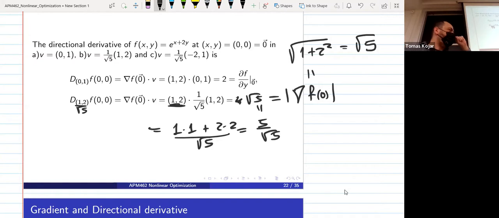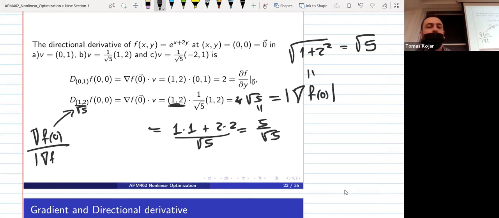If you remember from the first slide, we have gradient descent; this is gradient ascent. The function has the maximal increase in the direction of the gradient. You see (1, 2) over square root 5 is nothing else but the gradient of f divided by its norm. And we'll come back to this.